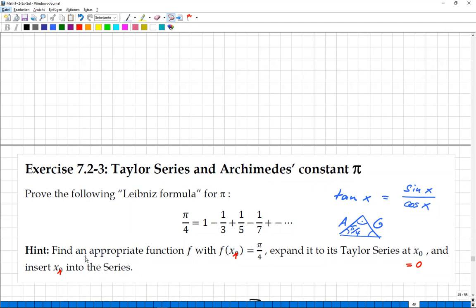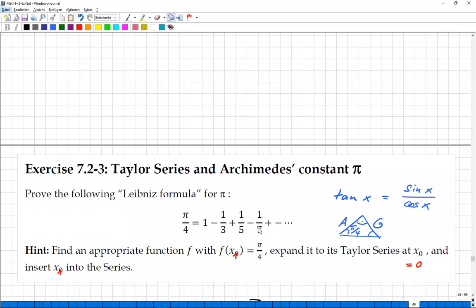Well, we should find an appropriate function f first, which has the property that at a certain value of x, here called x1 now, f of x1 equals pi over 4. So that we get this as a result of the corresponding Taylor series. That's quite a simple idea.